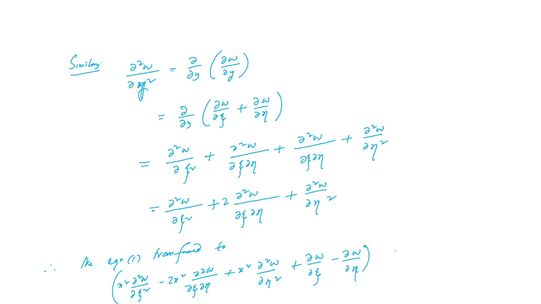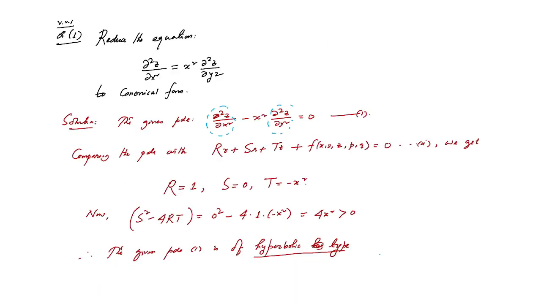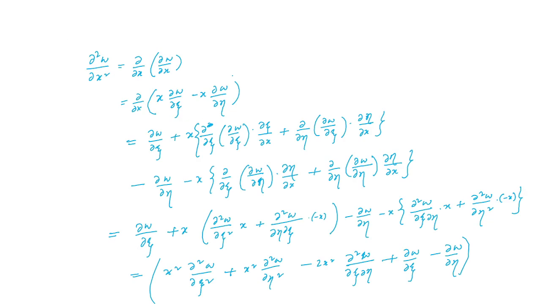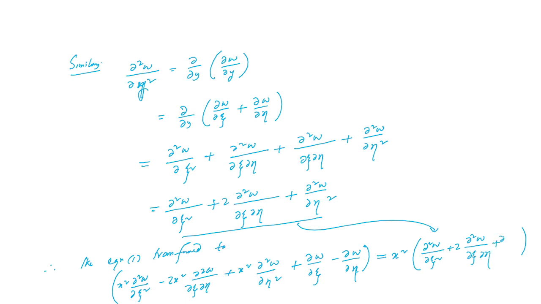This is the left side. This is equal to what is exactly written here, equation x square del 2z del y square. So write this expression here: del 2 omega del xi square plus 2 del 2 omega del xi del eta plus del 2 omega del eta square.